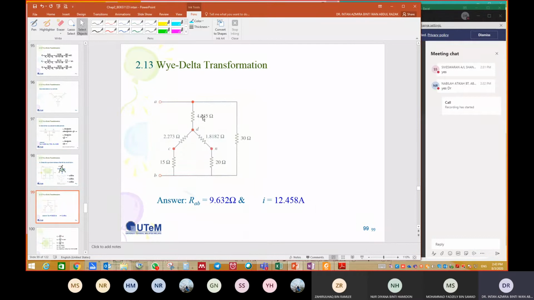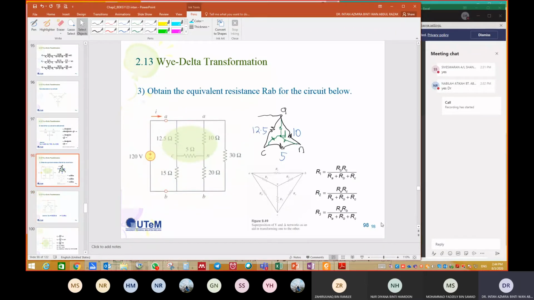And we get this, 4.545. We get this and this by using the formula. Can you try it now and update with me, whether you get the answer or not?